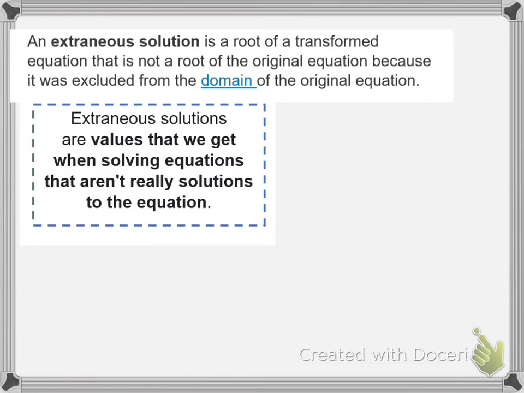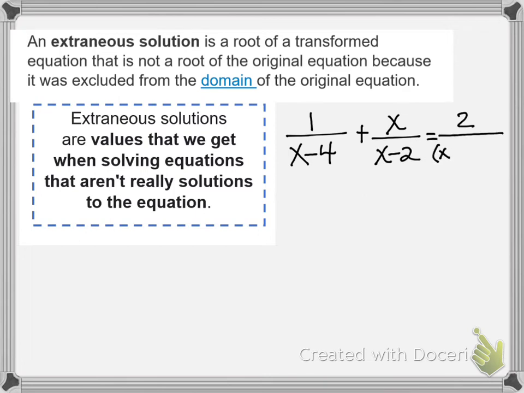So my original equation, let's recopy it down. It was 1 over x minus 4 plus x over x minus 2, and it was equal to 2 over, now remember we factored the denominator, x minus 4 times x minus 2.